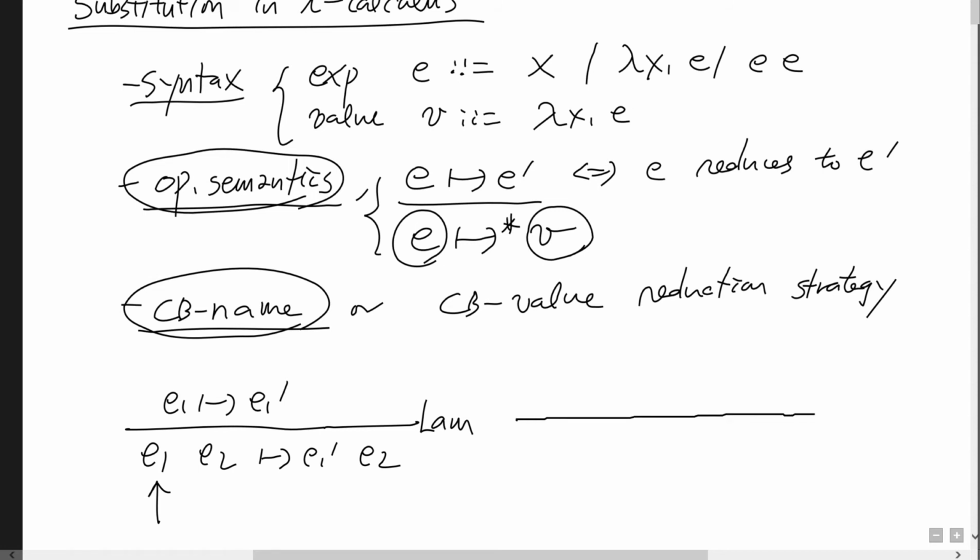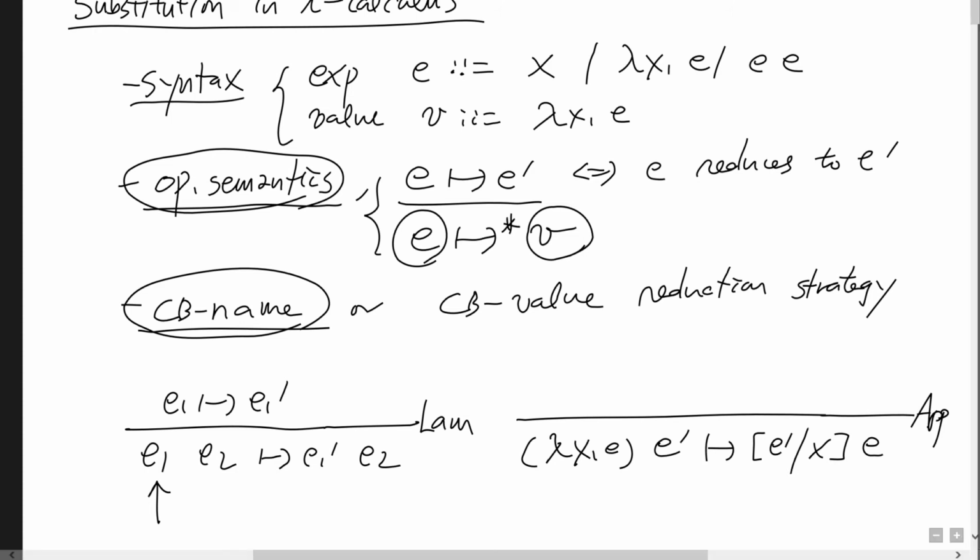And there's another reduction rule, which is if you have a lambda abstraction applied to another expression E prime, we have this substitution operation: E prime substituted for variable x inside expression E. So this is the application reduction rule.